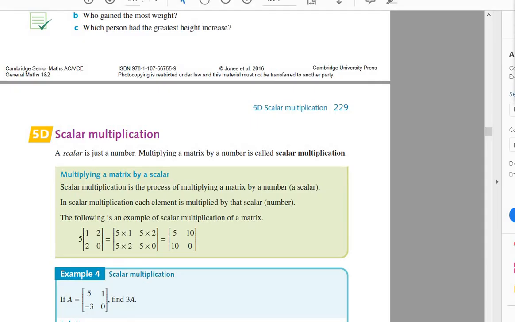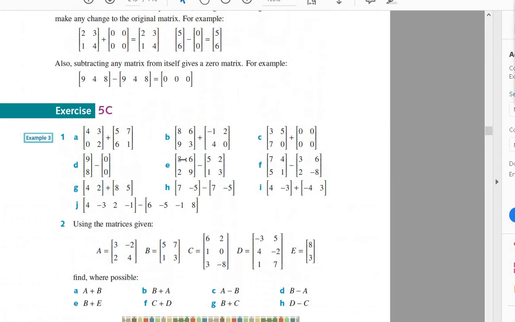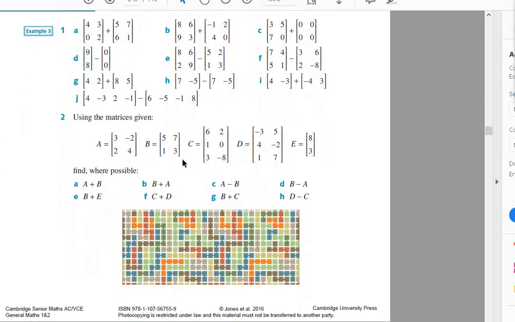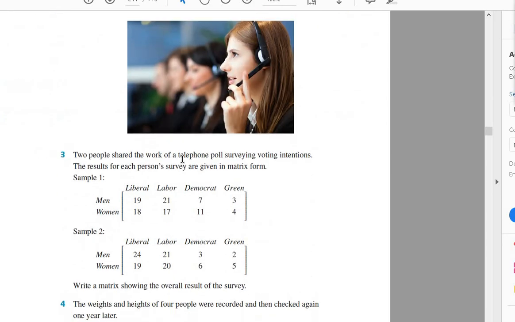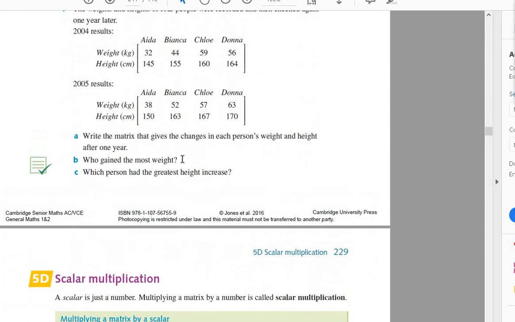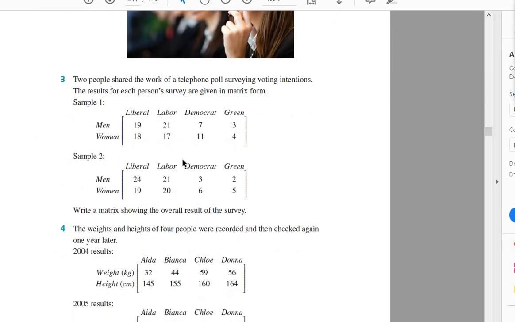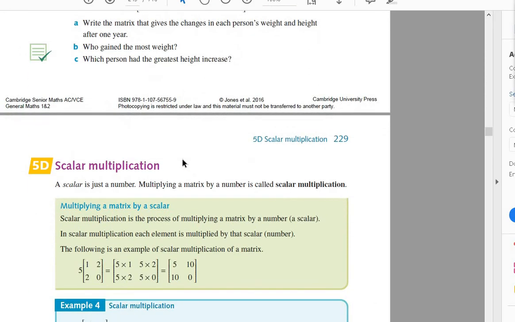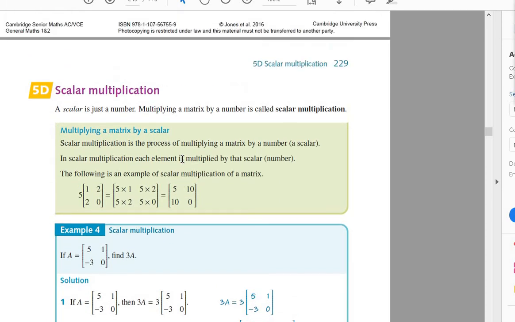So I think we've covered 5C as well. 5C simply talks about addition and subtraction of matrices. All right?